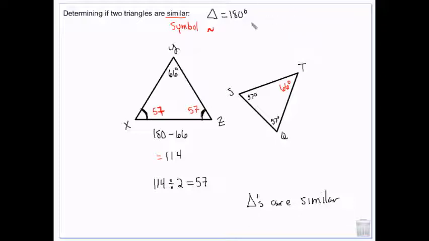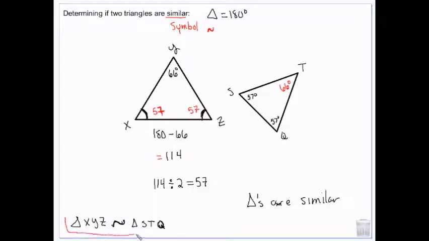So I could say triangle XYZ is similar to triangle STQ. Yeah, I think so. It's called a tilde. But it's the symbol for similar.